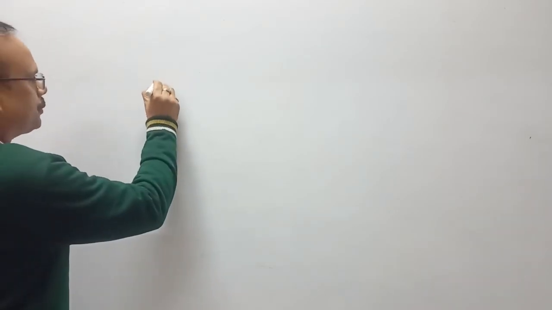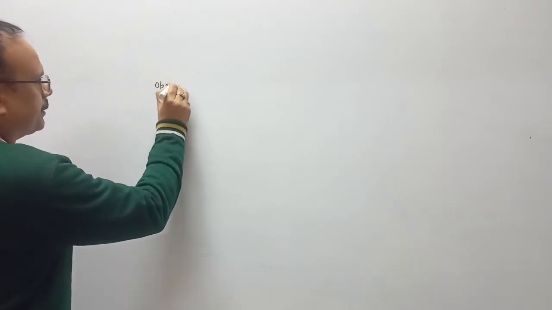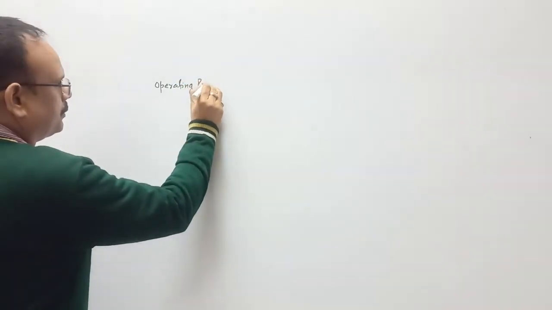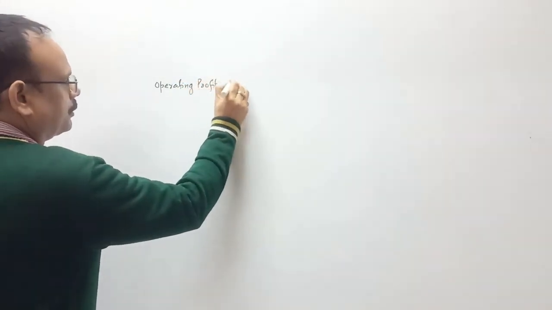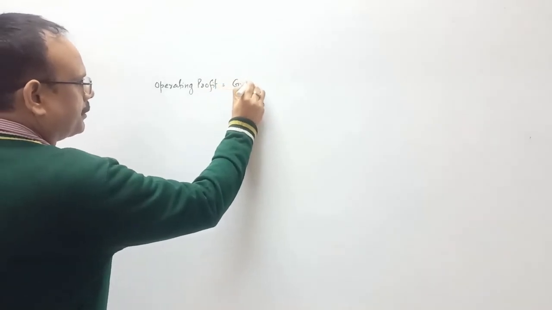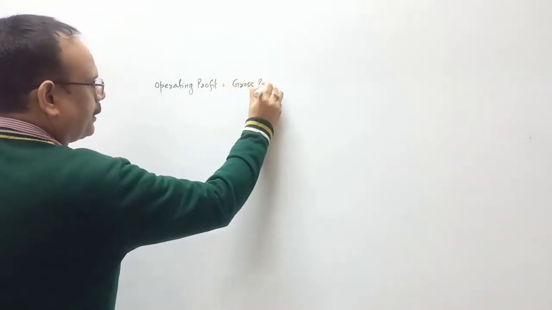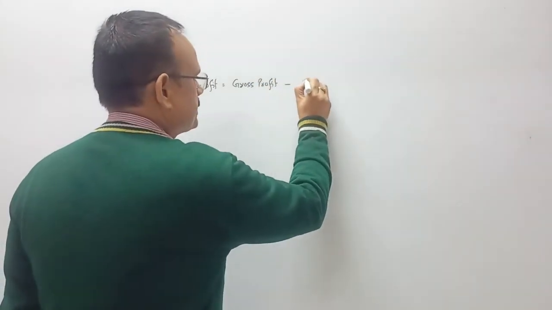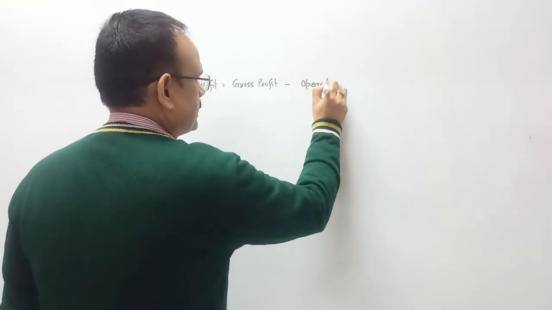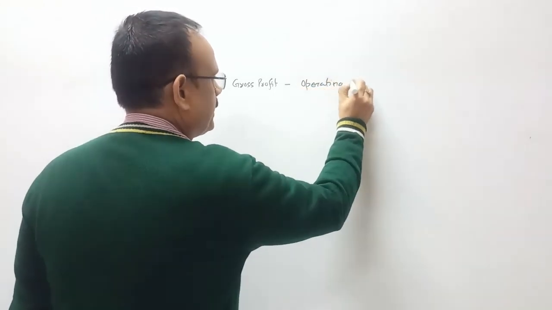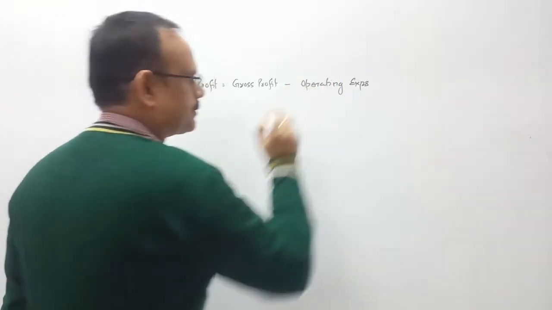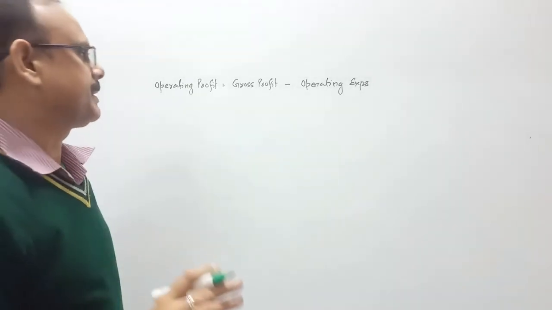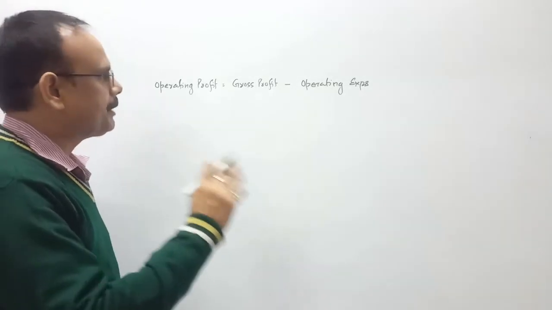Operating profit is equal to gross profit minus operating expenses.